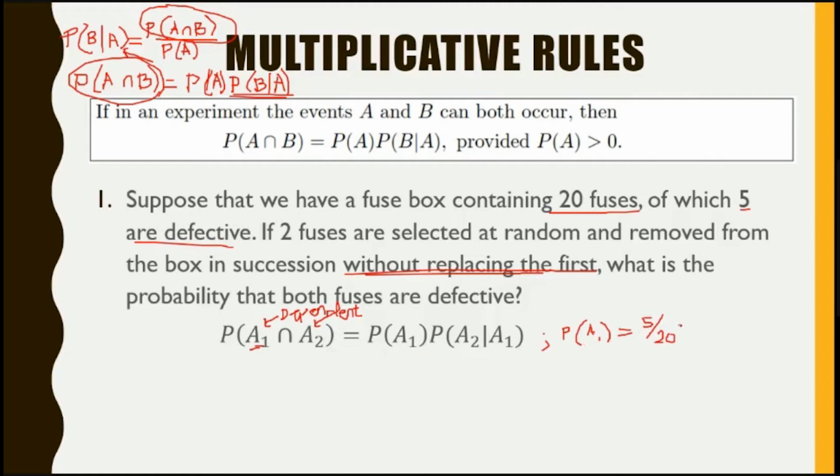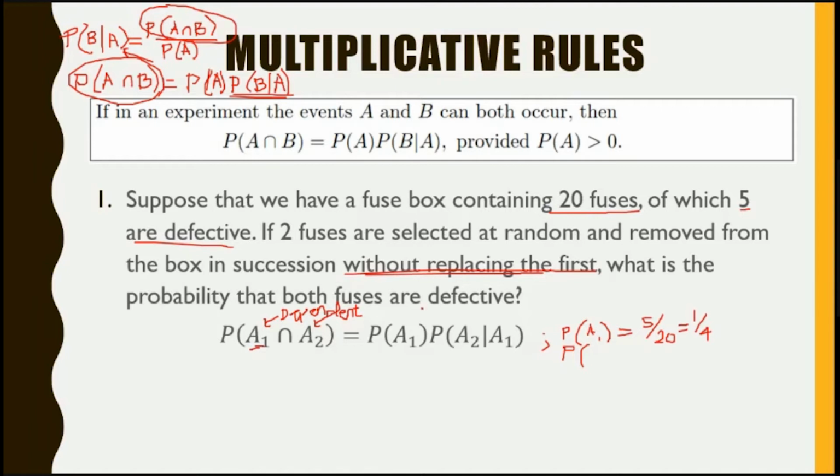So that's equal to 1 over 4, right? Then, how about the second one? Take note that event A sub 2 is the second fuse selected is also defective.